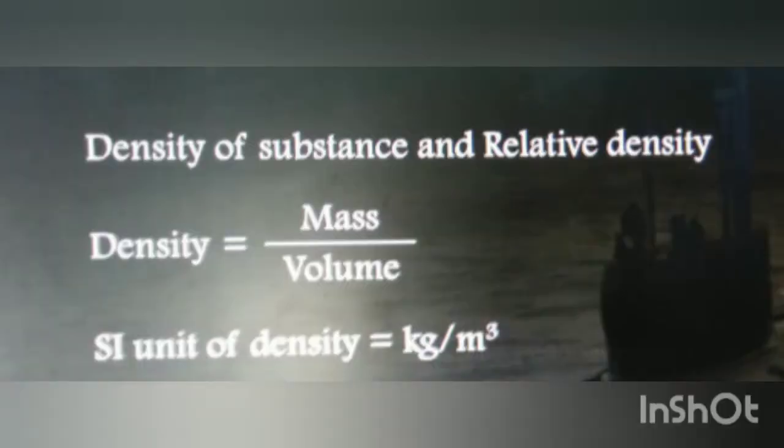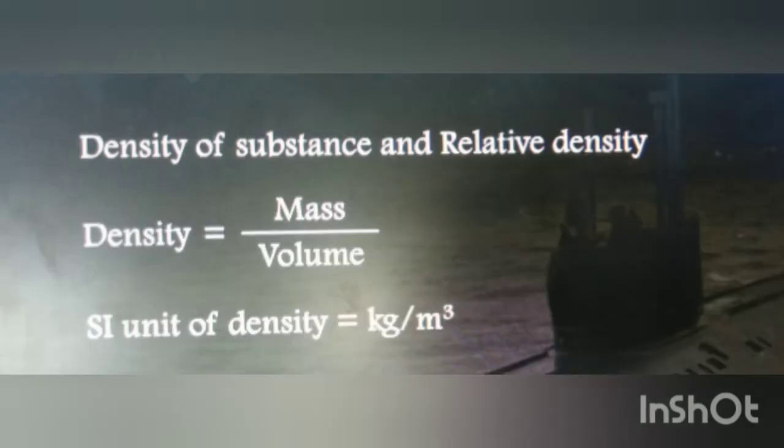Now let us learn density of a substance and relative density. So density means how much mass exists in a given volume. So the formula of density is equal to mass upon volume. The SI unit of density is kilogram per meter cube. The property density is very useful in deciding the purity of the substance.